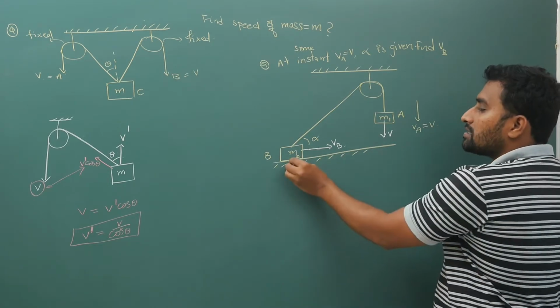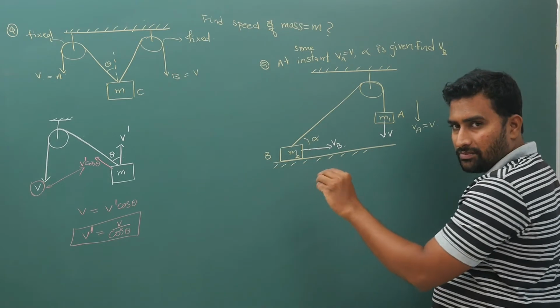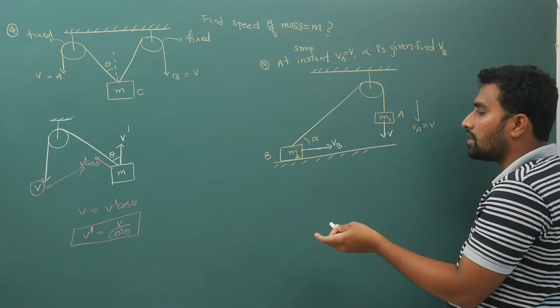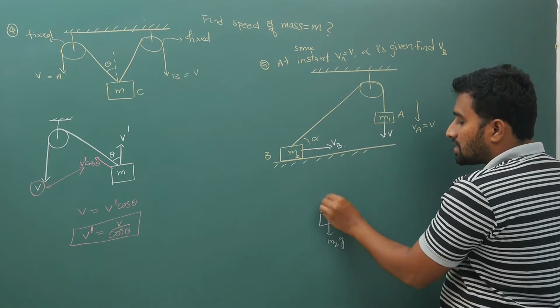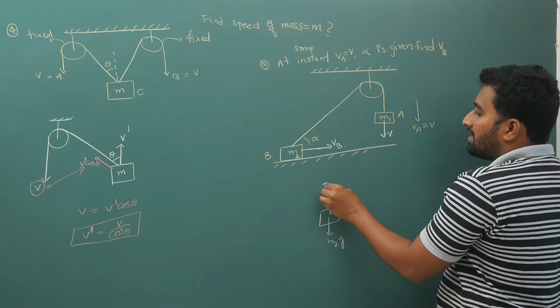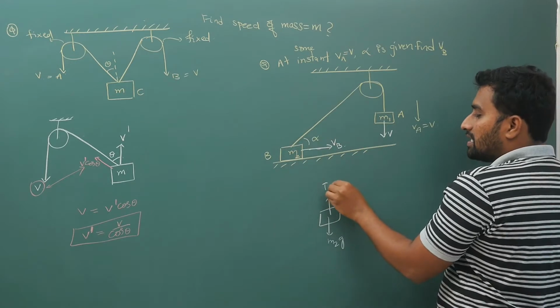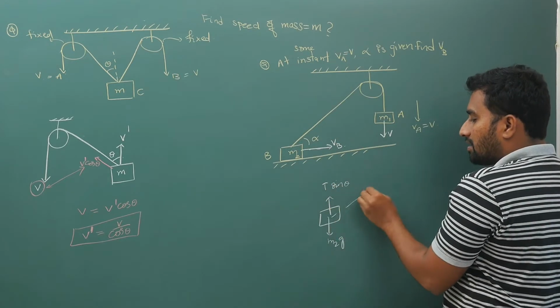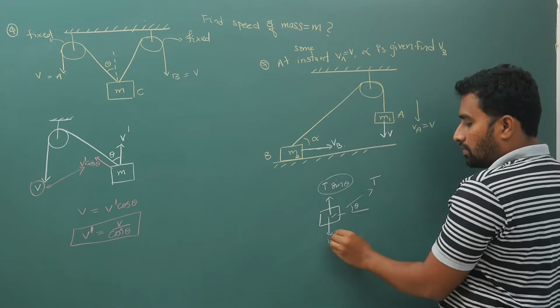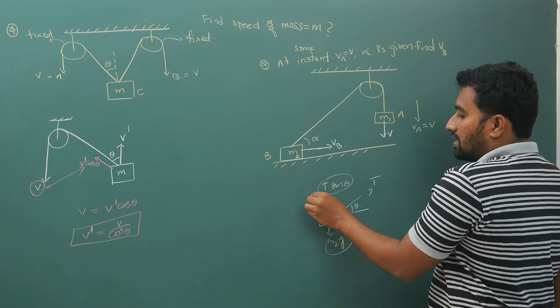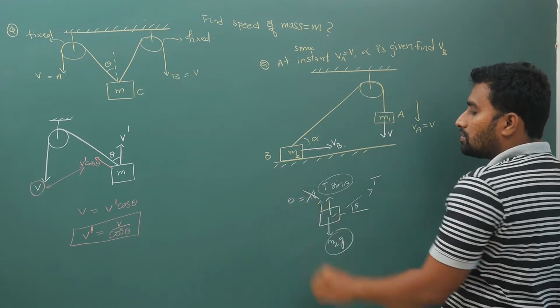But when normal reaction here becomes zero, when contact is lost, that means when M2g is equal to T times sine of some angle theta, if T sin theta is equal to M2g, this N whatever you have will become equal to 0.